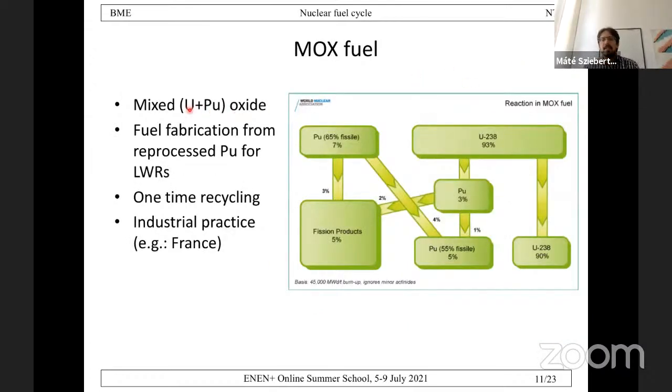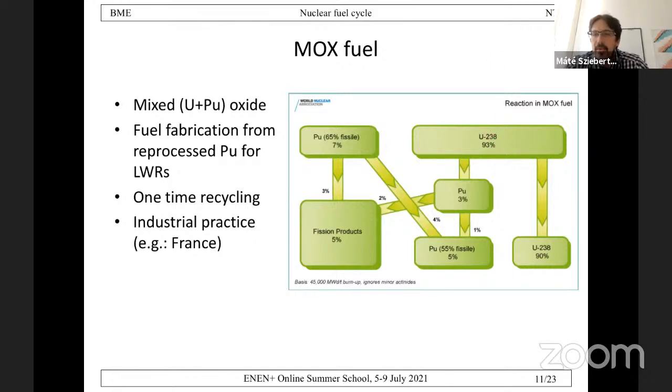We call it mixed oxide fuel because it's uranium plus plutonium oxide. And the fissile content of this kind of fuel is based on plutonium. So again, here you can see that you need about 7% of plutonium because only 65% of it is fissile to produce the same amount of fissile material as with the uranium oxide fuel, and the rest is uranium-238.